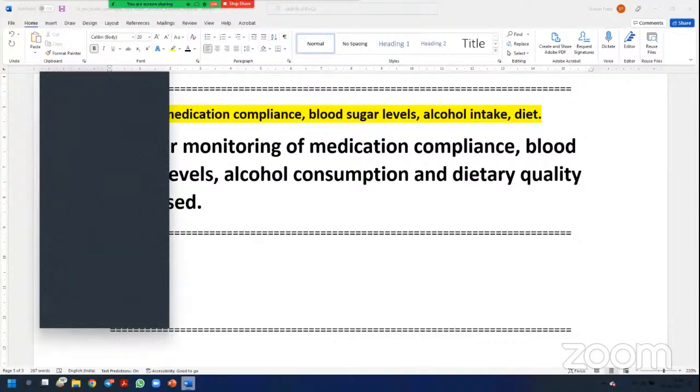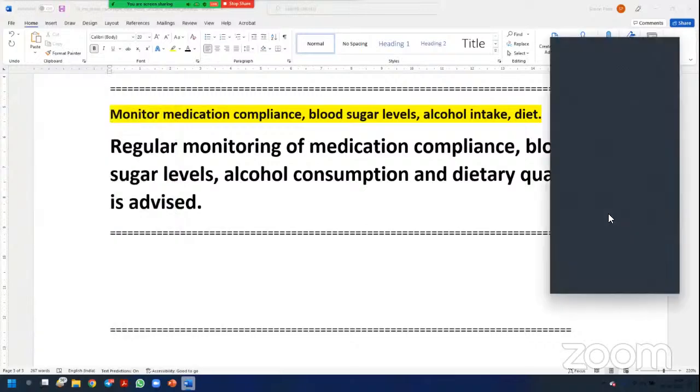Do you think these sentences are beneficial? You can just give your comment, yes or no. If you think they are beneficial, you can say yes.